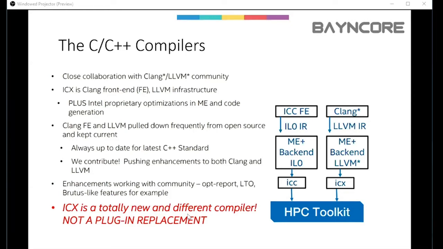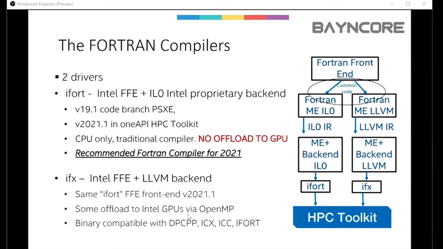So even handling the language that you write is different, the kind of error message that you give and so on. If you look at the Fortran compiler, the situation is slightly different. On the left-hand side, we've got the classic compiler, the one that was originally with Parallel Studio. And on the right-hand side, we've got the new LLVM compiler. The difference here compared to the C compiler is that the front end is the same for both the classic and the LLVM compiler.